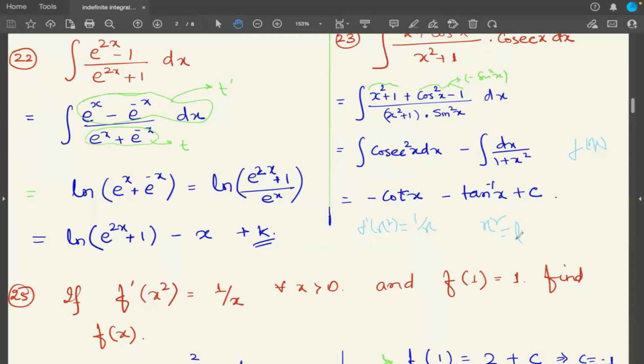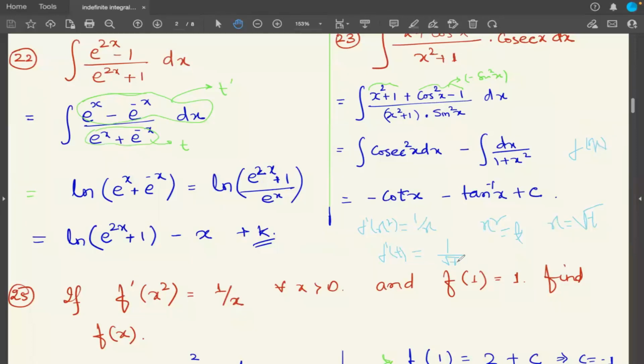If I do that, x square as t, in place of f dash of x square we put t. If x square is equal to t, what is the value of x? The value of x is root t. So here 1 by x becomes 1 by root t.